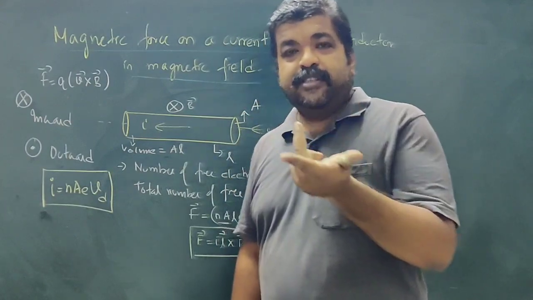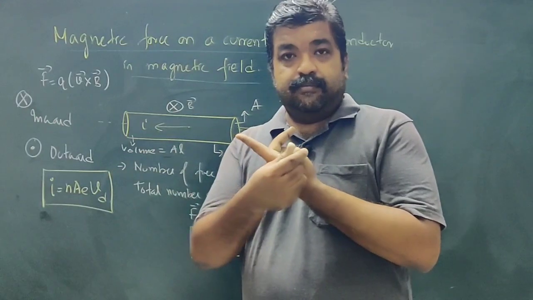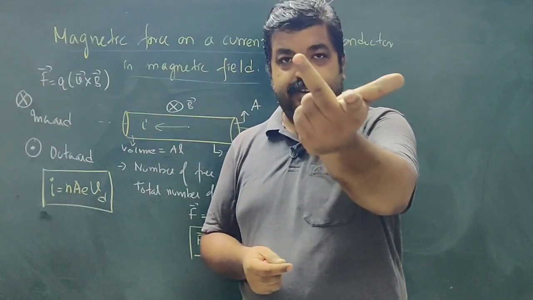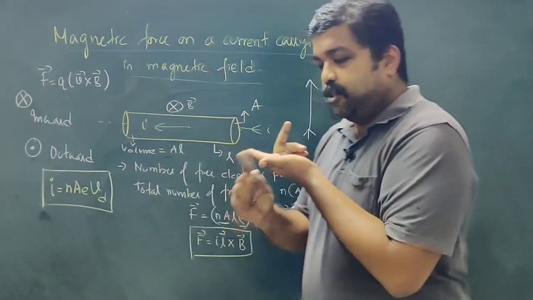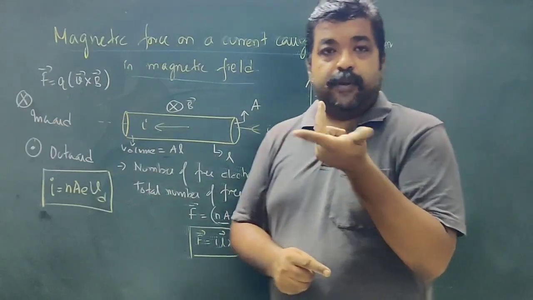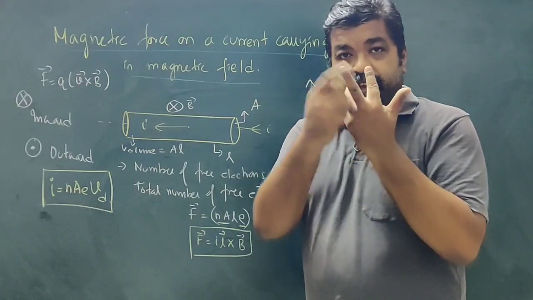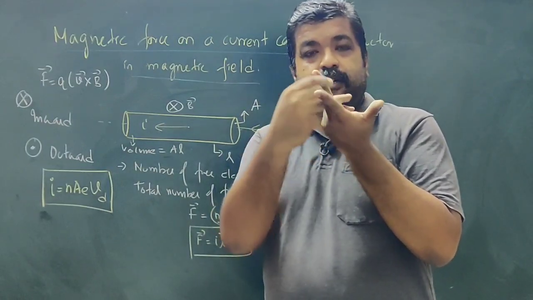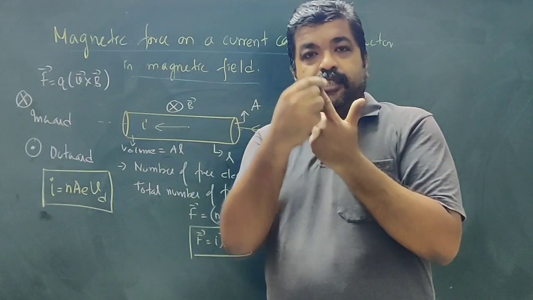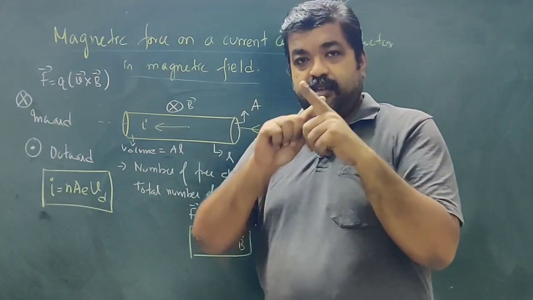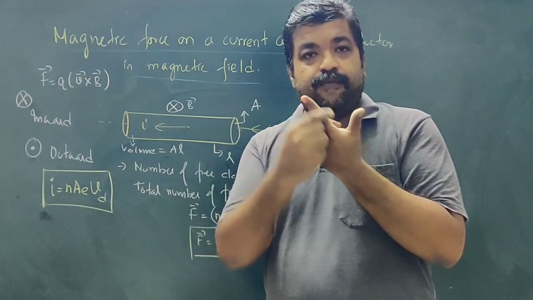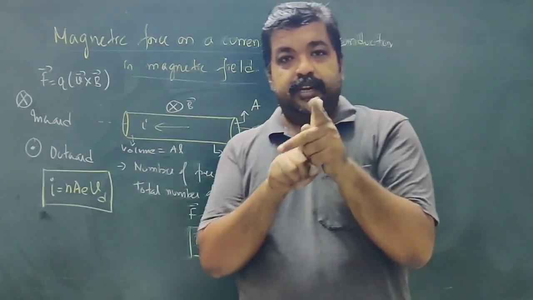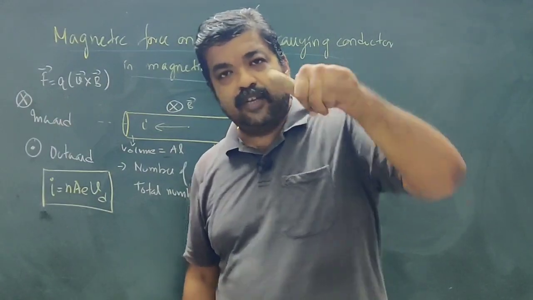Fleming's left hand rule says that if you stretch the thumb, the forefinger and the central finger of your left hand in three mutually perpendicular directions, such that the central finger is C for current, and the forefinger is F for field, then the thumb gives the direction of the force.